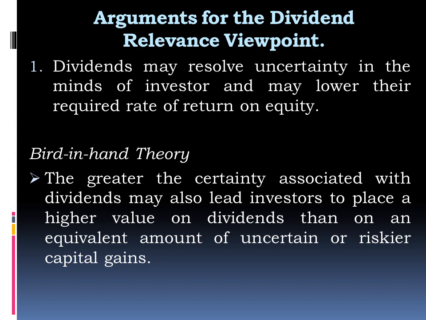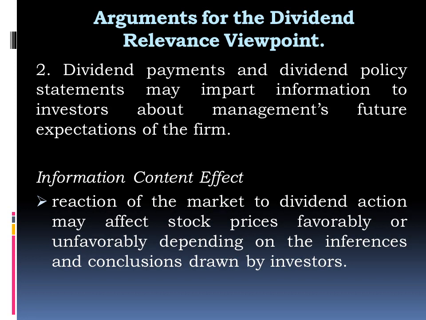Only shareholders who want the equivalent of a dividend will sell equity shares, thereby incurring transaction costs. Second, dividend payments and dividend policy statements may impart information to investors about management's future expectations for the firm.